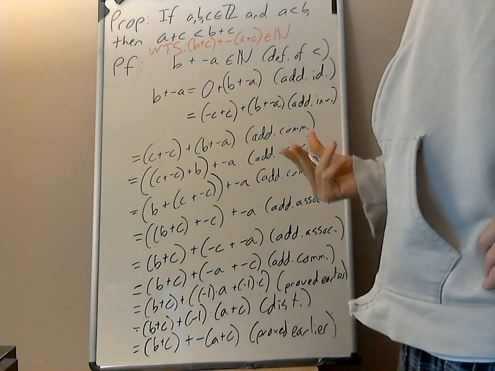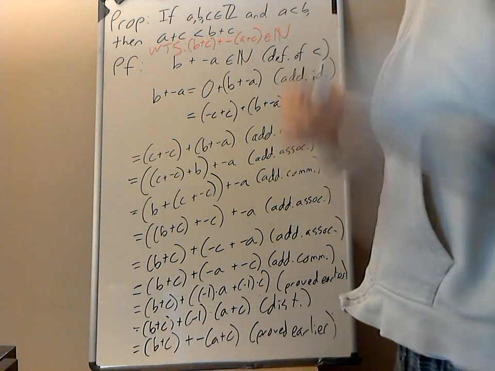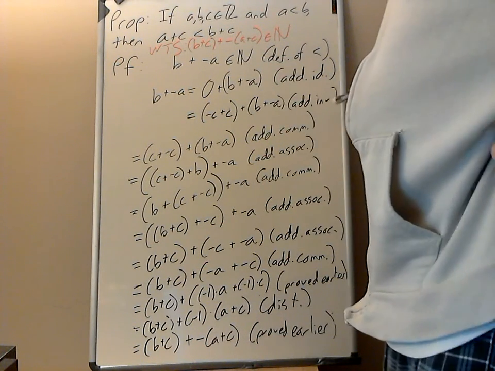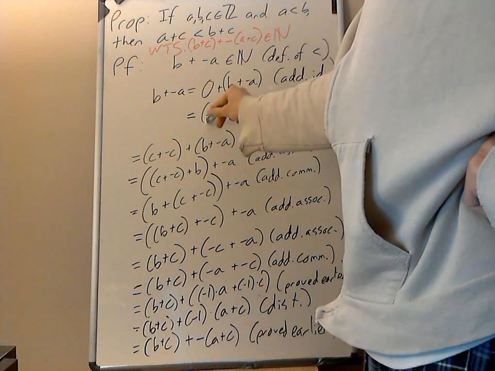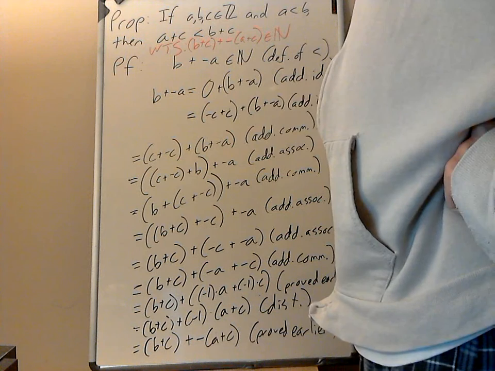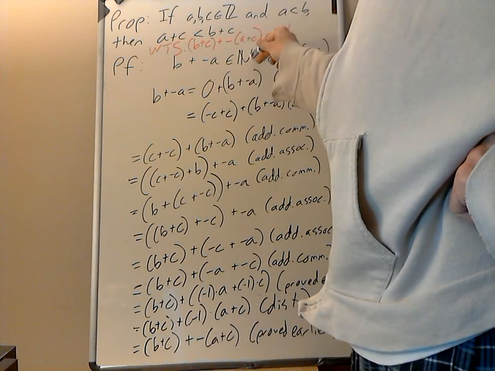Now what we need to do is a rather tedious process of rearranging terms. So the first thing we're going to do is we'll reverse the order of c and negative c, since we want the c on the left side and the negative c on the right side.